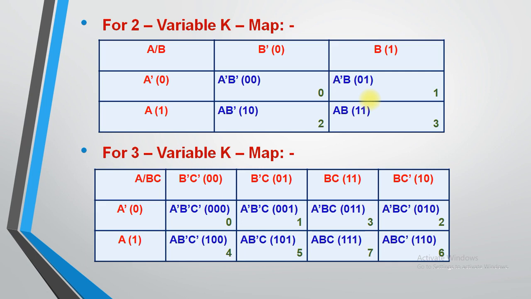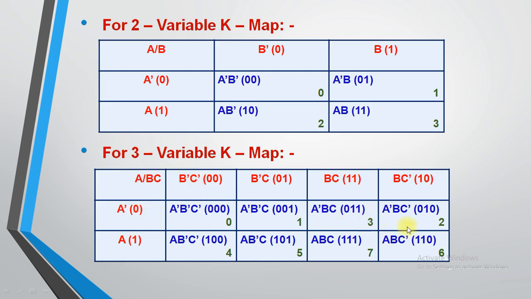Now let us move towards the three variable K-map. This is a little bit more complicated than the two variable K-map. What you need to do is take three variables. The first variable is A, the second variable is called B, and the third variable is called C. Now see what you need to do over here.